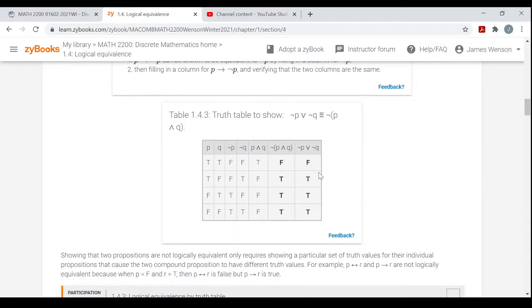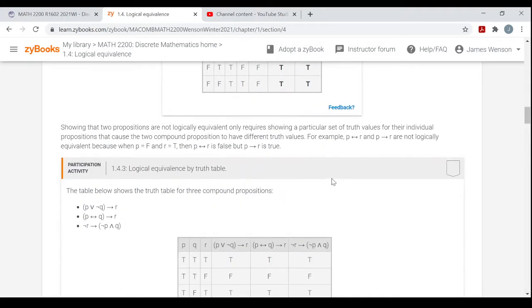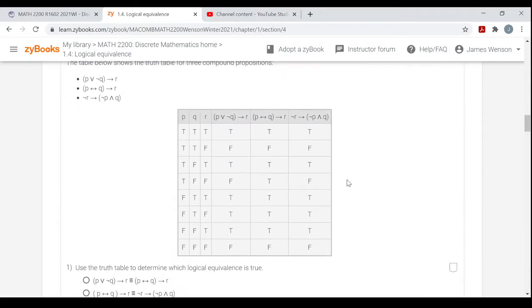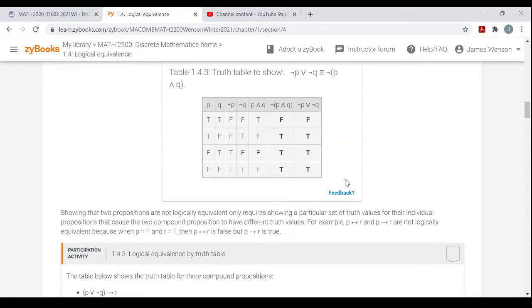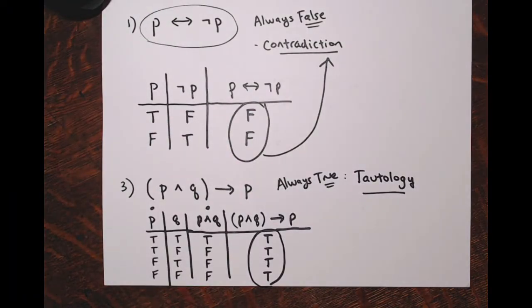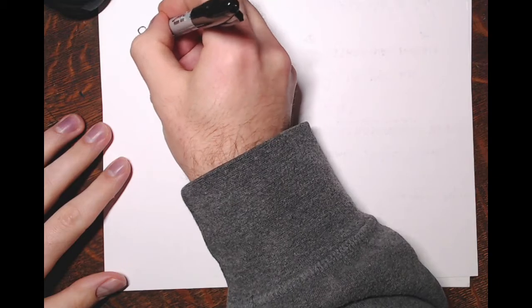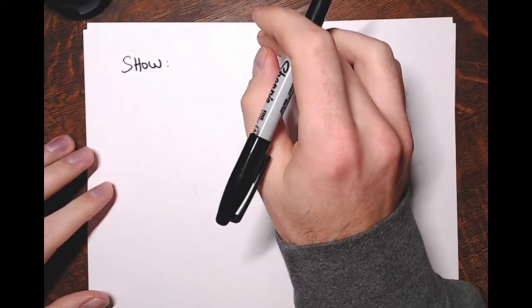And here's another thing with truth tables. Well, you know what? I'll make this one for you. So say I was asked to show that the following 2 propositions were logically equivalent.